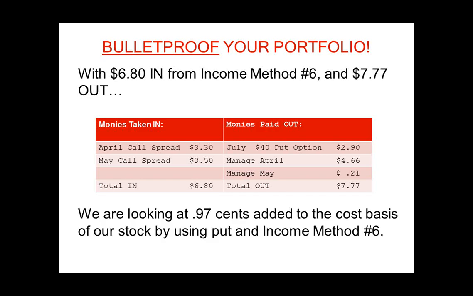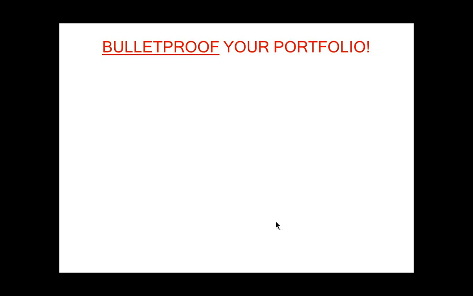And I still have a put option, but my total cost basis for all the options here is 97 cents. The April call spread and the May call spread are already over because of our management of them, but the July put option is still in place. So let's see what Income Method 6 has done for us.